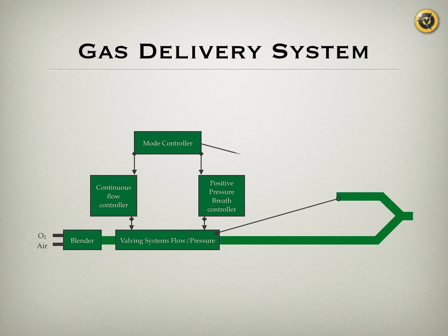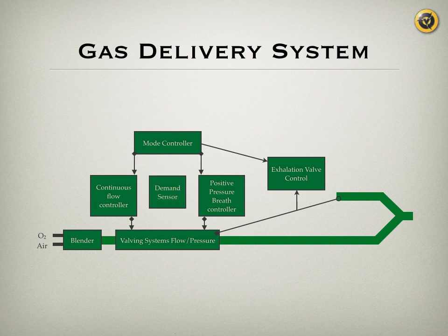Now, until this point, there is no interaction between the vent and the patient. If you set 10 per minute and continuous flow 30, then this is what's going to happen. If the patient wants to take a breath, wants to cough, the machine will not respond to him, until we put something called a demand sensor. Demand sensor basically is sensors to measure the differential flow between the inspiratory and expiratory valve.